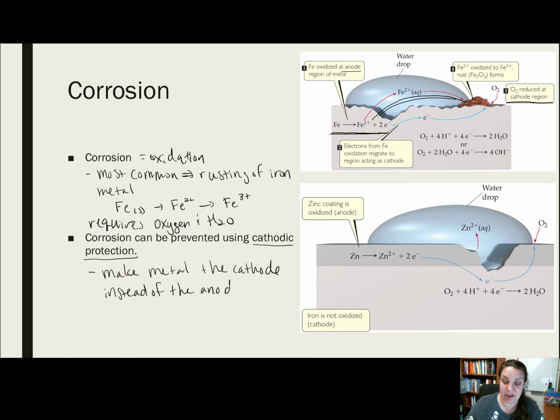So we will protect the metal by making it a cathode. If you have a metal, it cannot be any further reduced, so making it the cathode means it's going to stay in its normal state. You can do this by adding a material that has a higher oxidation potential, something that is easier to oxidize.